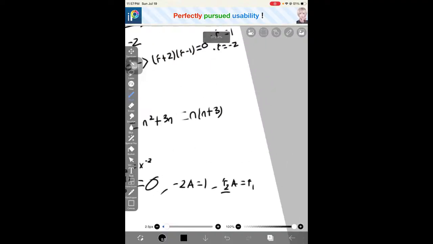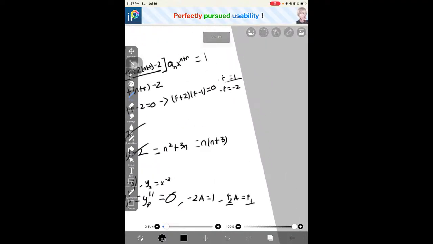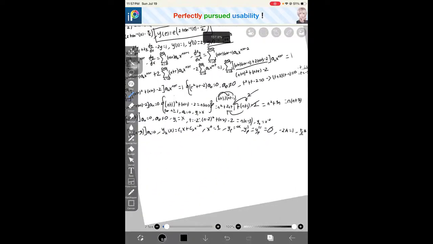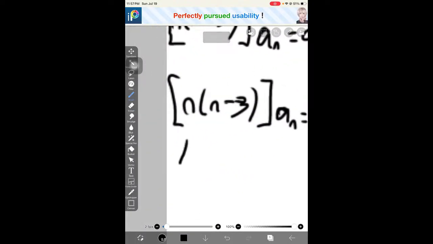And here, r sub 2 is negative 2, and r sub 1 is negative 1, just positive 1, I'm sorry. So if we solve for a, we have a equals negative 1/2. So that's how we get the particular solution.